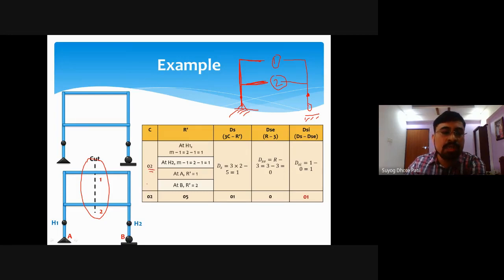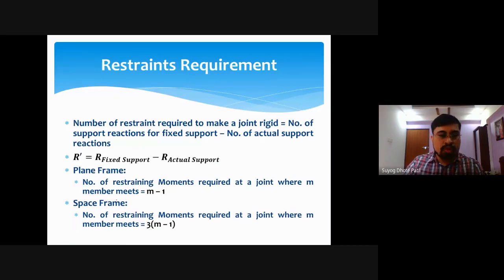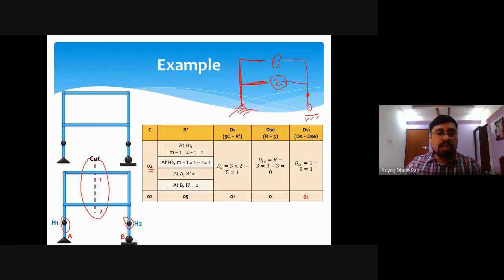Now we have h1 and h2, that is internal hinges, for this member and this member. For an internal hinge, we have the formula m minus 1, the number of restraining moments required for an internal hinge in a 2D plane frame.